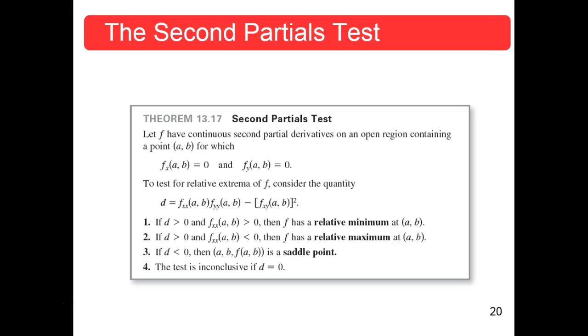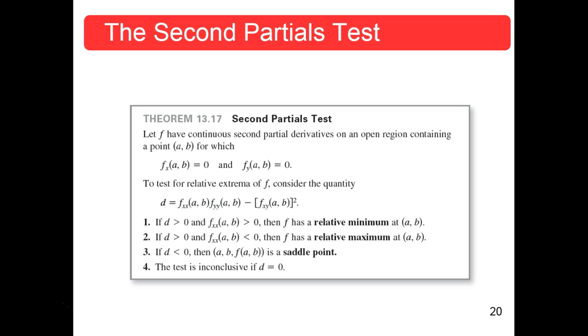Okay? Now, if that D is greater than 0, in other words, a positive number, now you know that f sub xy at (a, b) squared is going to be positive. So in other words, this is saying the product of f sub xx times f sub yy has to be greater than the square of the cross partial, I guess is the best way to name it.